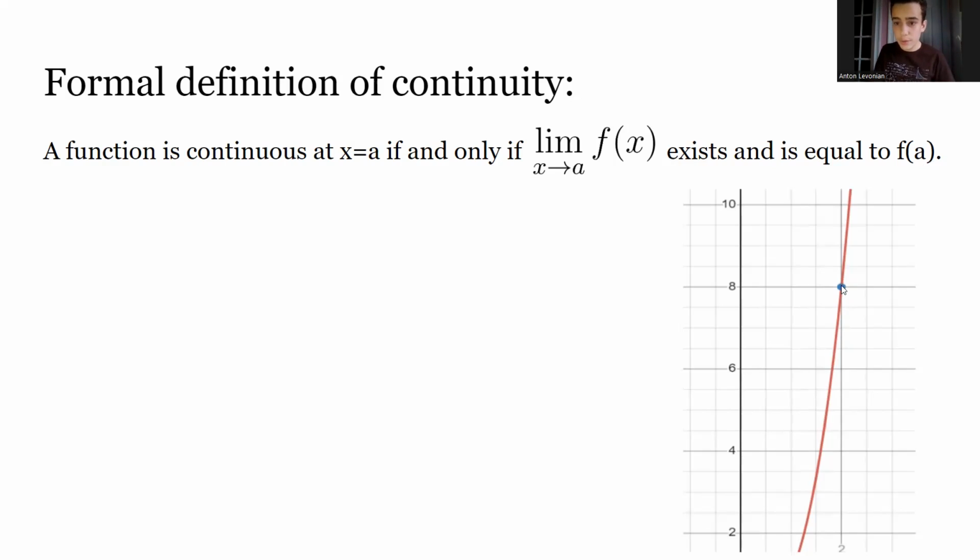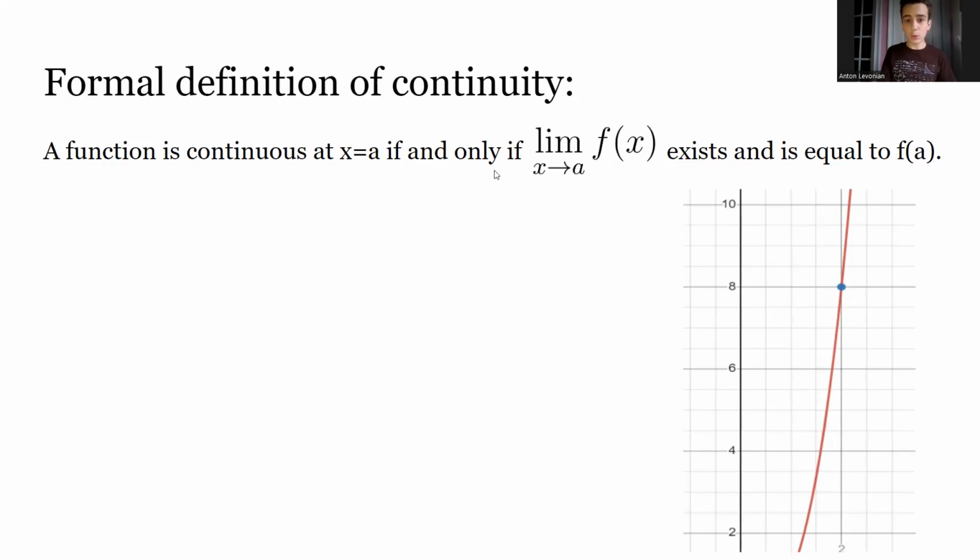Because, for instance, the function could have been defined at this point right here, but then it wouldn't have been continuous. There would have been a hole here, and it would have been defined somewhere different. And so we have to make sure that this limit where it would have been defined is equal to the place where it's actually defined.